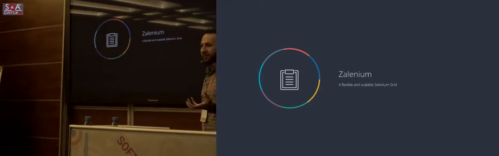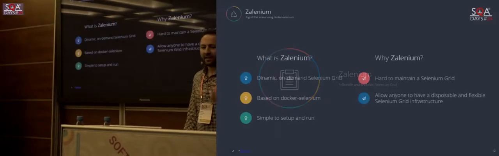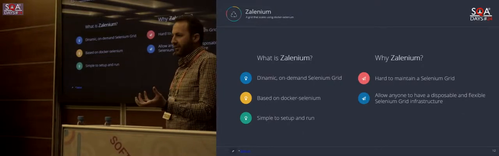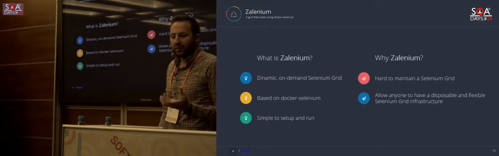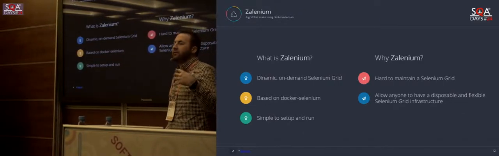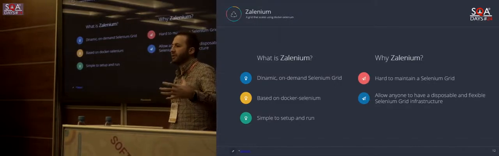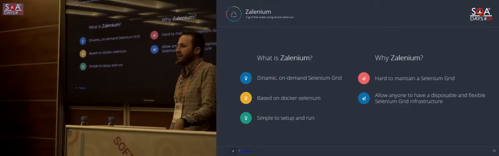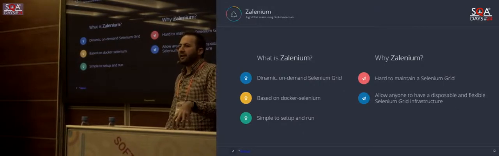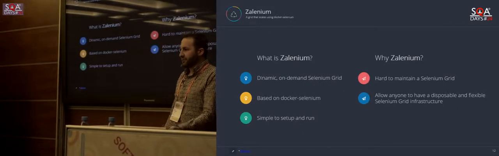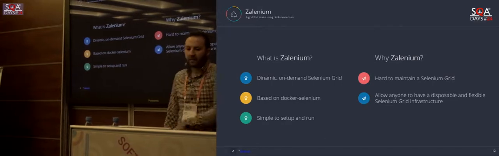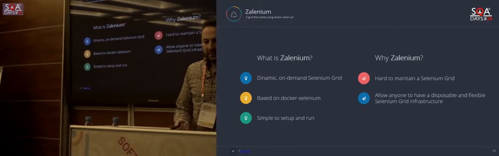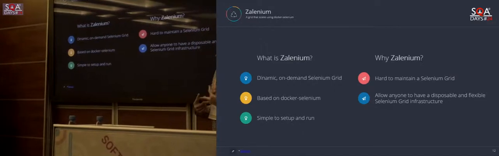What they did was make the Selenium Grid smarter. You don't need to register the nodes. The nodes will automatically register themselves and then destroy themselves after the test run, and it's easier to spin it up and spin it down. So what is Selenoid? It's a dynamic, on-demand Selenium Grid.